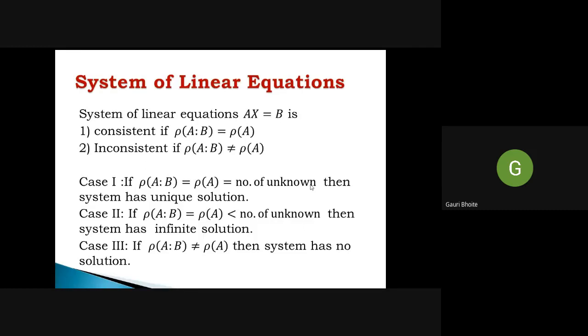And if the rank of AB is equal to the rank of A but strictly less than the number of unknowns, then the system has infinitely many solutions. Again, there is no case where the system has 3 solutions or 2 solutions.